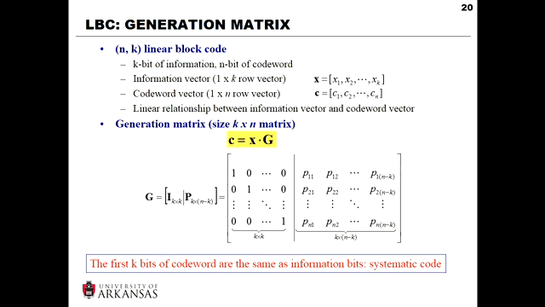And actually, the most advanced code, the code that has the best performance, the low density parity check code, LDPC code, is also a linear block code. It's just a linear block code with extremely large size. For that code, the values of n and k are on the order of a few thousands.